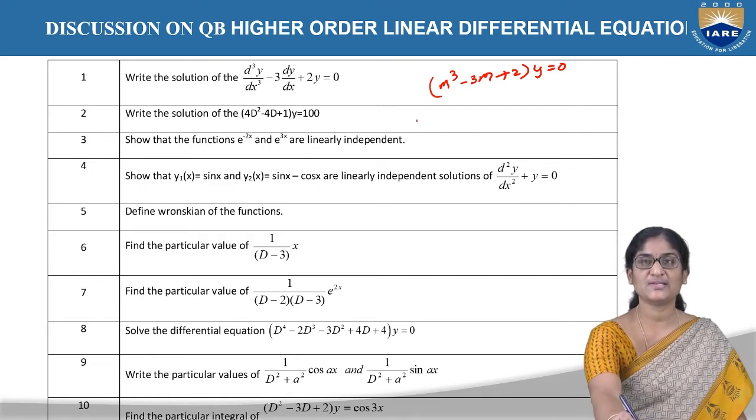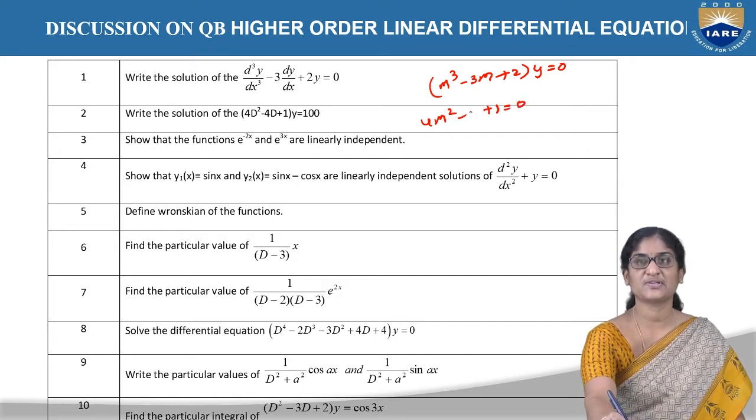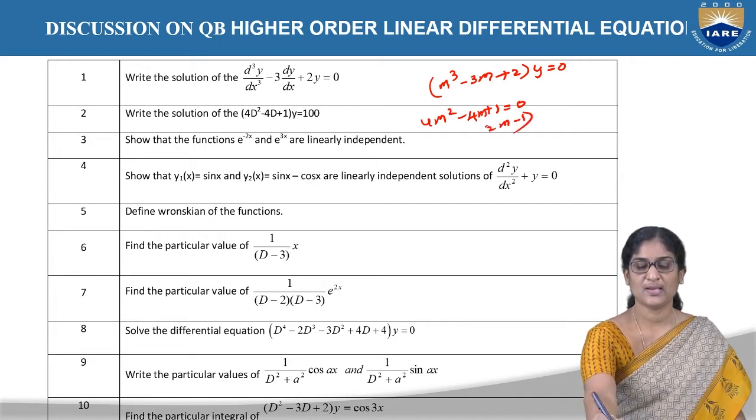So we are going to get 4m square minus 4m plus 1 is equal to 0. This can be written as 2m minus 1 whole square is equal to 0, or m takes the value half, half.